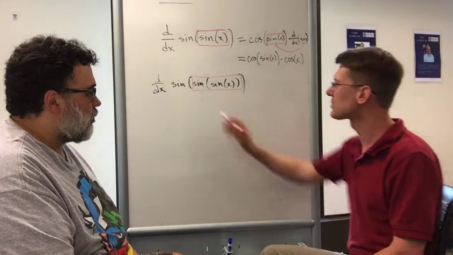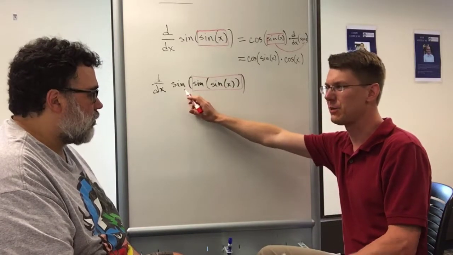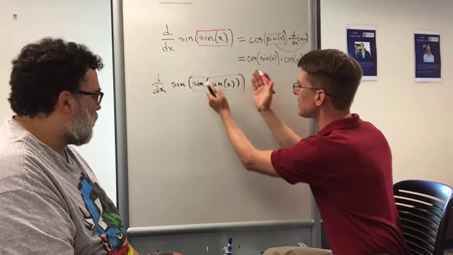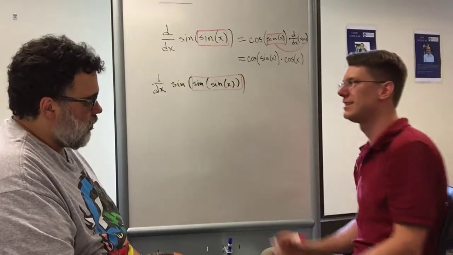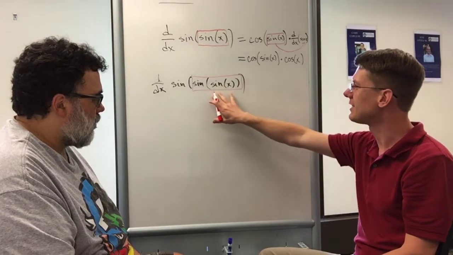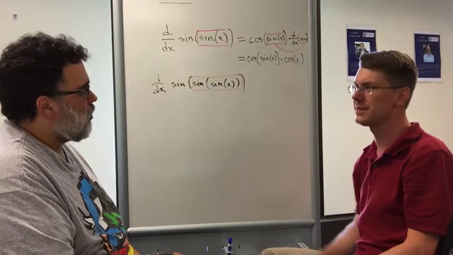Yeah. But this way, the outside function is something I'm comfortable with. I know what sine does, and so I could have chosen it differently. I could have said just this sine is inside, then I have all this sine of sine as the outside. I could do that too, but given the choice, I prefer this as the inside, so that there's a single thing outside.